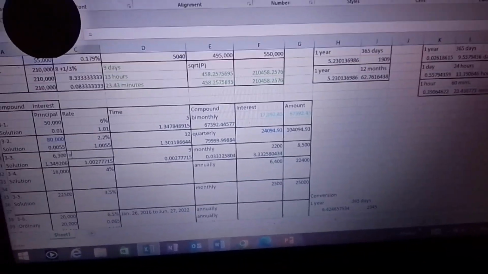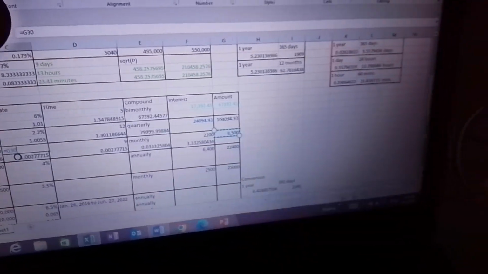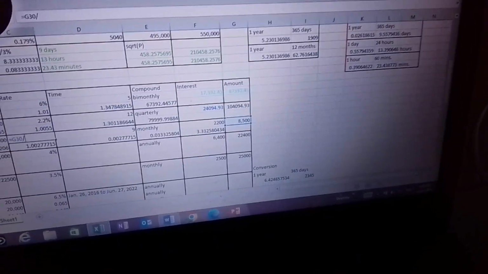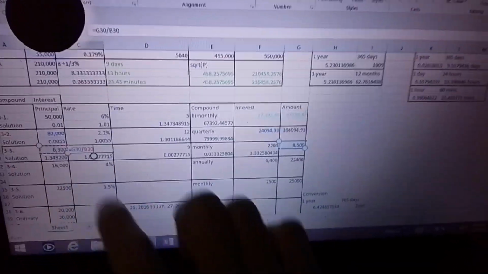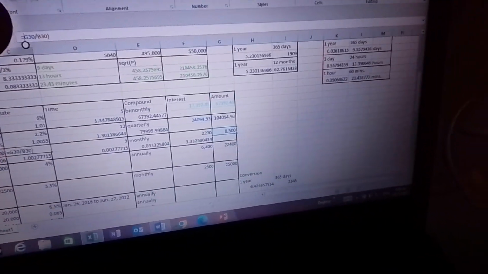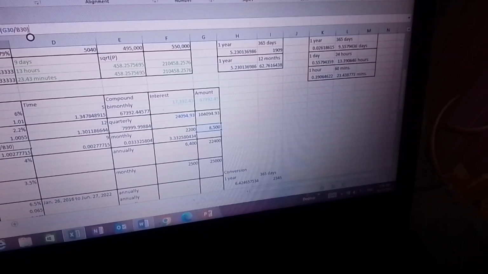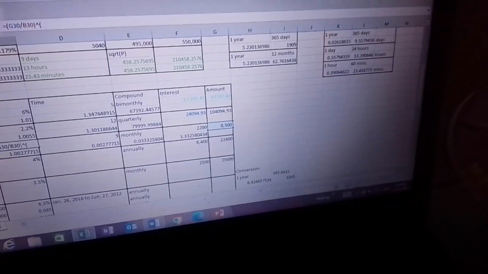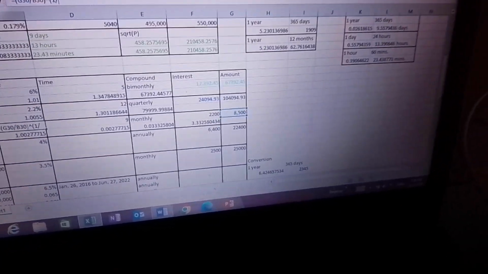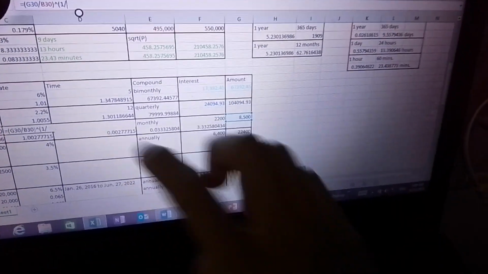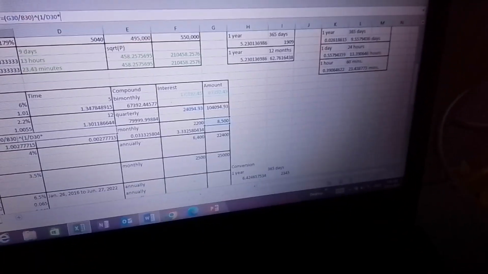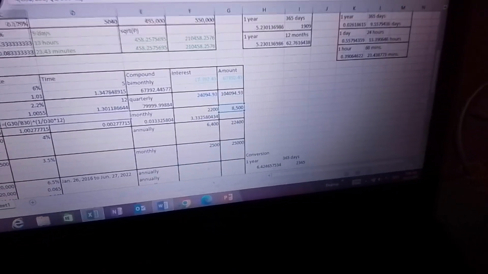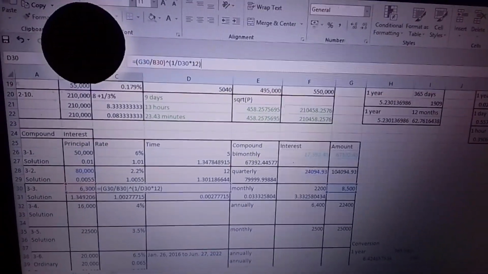So therefore, in summary, it's always future value divided by the principal being raised to 1 over the 9 times 12 power.